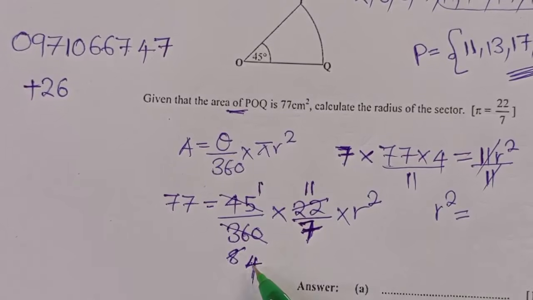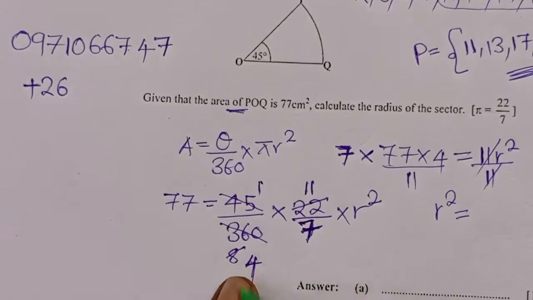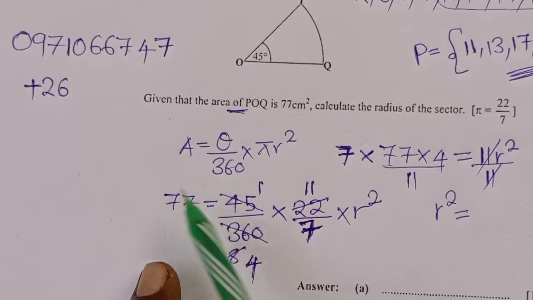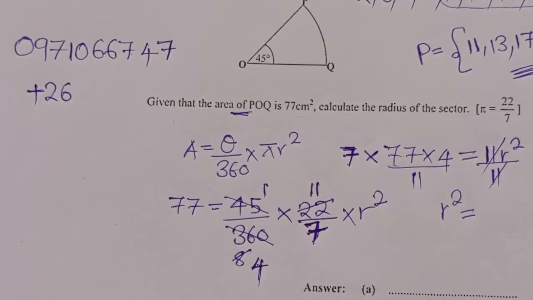So there is this 7, 7 times 4 times 77. If you want, you can multiply 4 times 7, which is 28, then 28 times 77. It is one and the same; you still get the same answer.